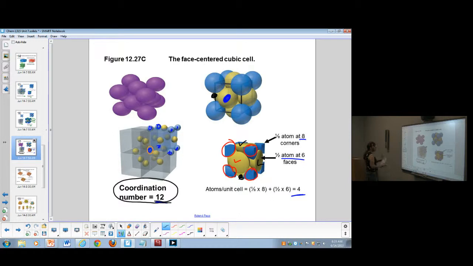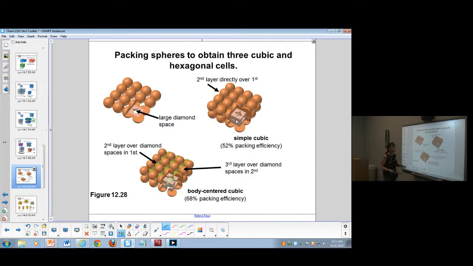Now, after the cubic cell gets built, those things get packed together. And so another thing that determines some of the physical and chemical characteristics of how these things work is how they get packed together. In this case, you have the first layer. You just put down a bunch of these cubic cells, and you'll see that there's this little diamond shape there. Now, there's two ways you can put in the next set.